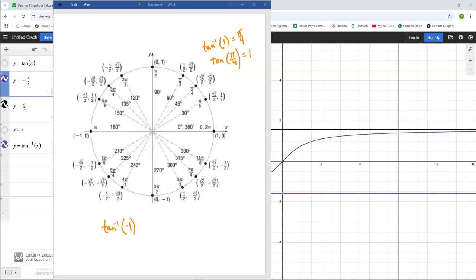But since our range is limited, because we're only using this portion that we reflected, our range is limited from -pi/2 to pi/2. Remember, this is -pi/2. Okay, so our range comes from this. So we're going to say it's this one, and we're not going to say 7 pi/4. We're going to say -pi/4.